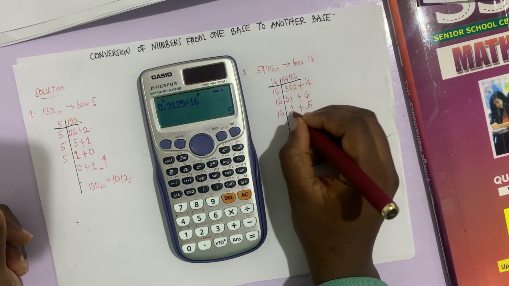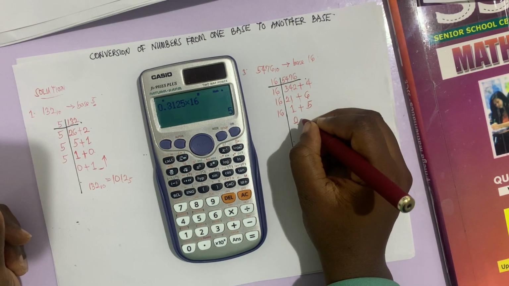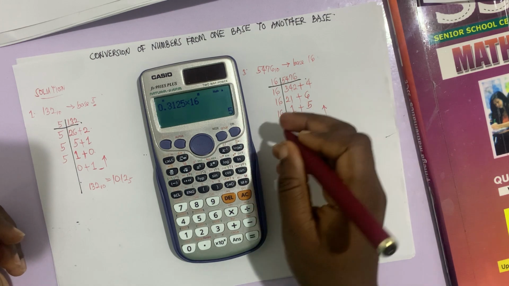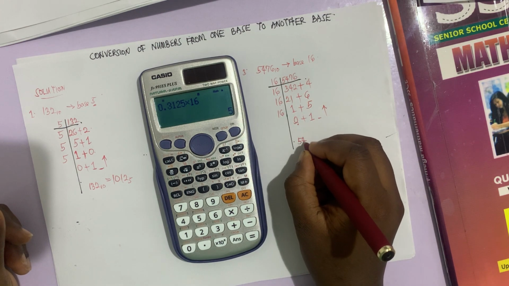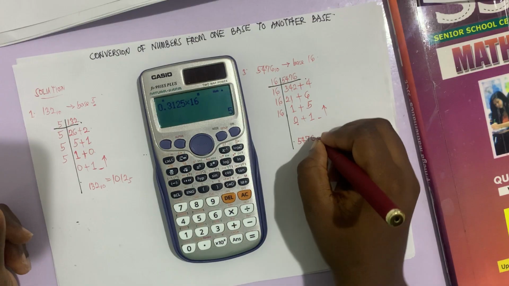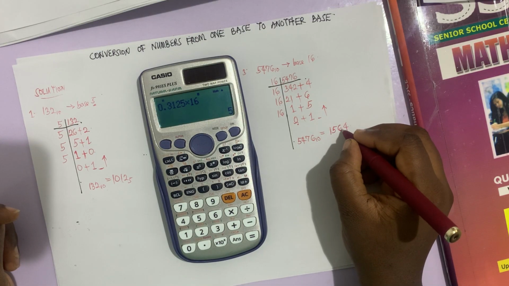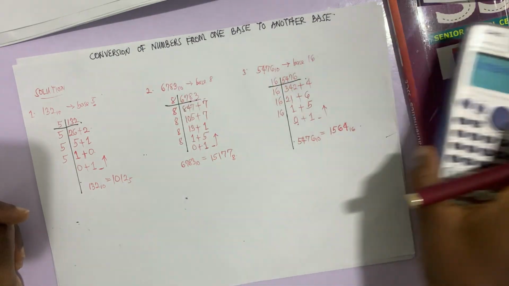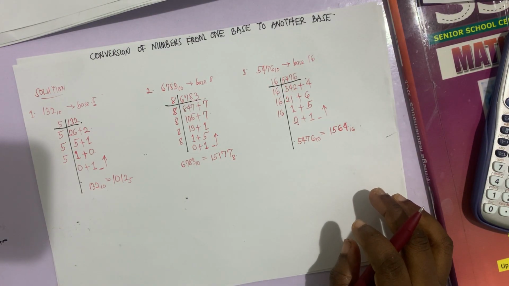So 1 divided by 16 will obviously not go. We record 0, the remainder of 1, and we record all remainders such that 5476 base 10 will give us 1564 base 16. So that's that on the solution to the take-home.